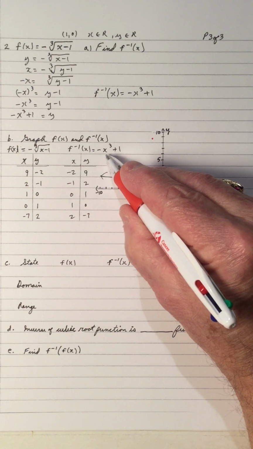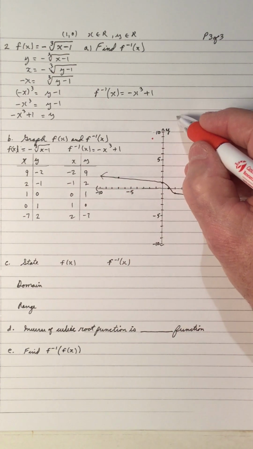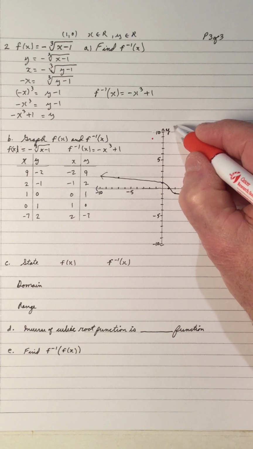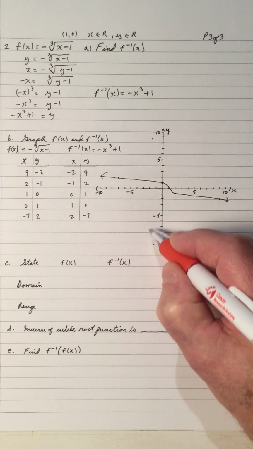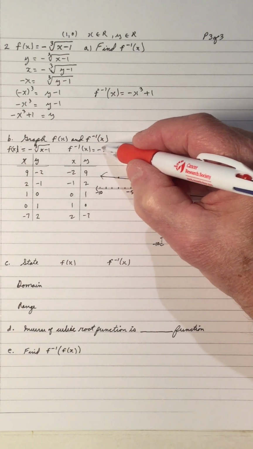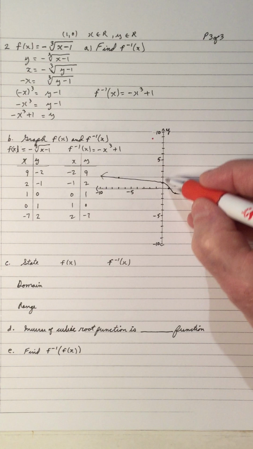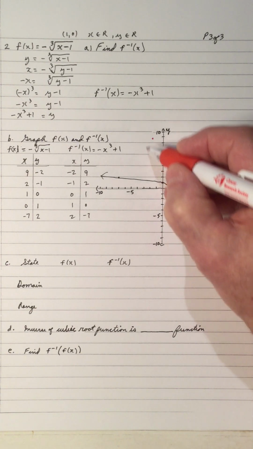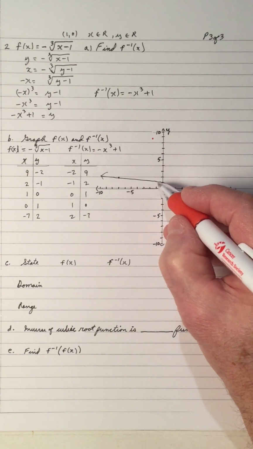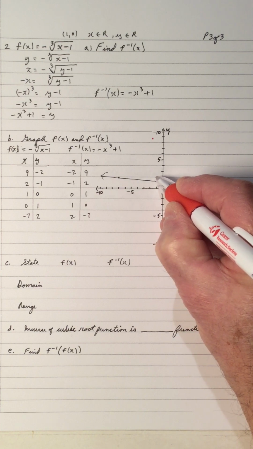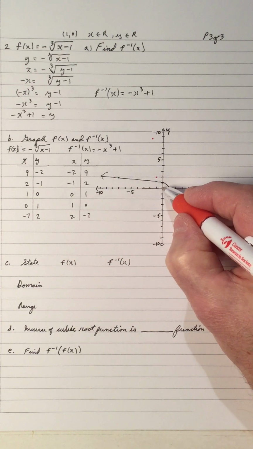Notice that this graph, notice the x cubed would start here. If you had y equals x cubed, you would come down this way. But because this is a negative, it's reflected. So it's turned over. Instead of coming down like that, it's going to go up like this. Negative 1 is a 2. 0 is a 1.